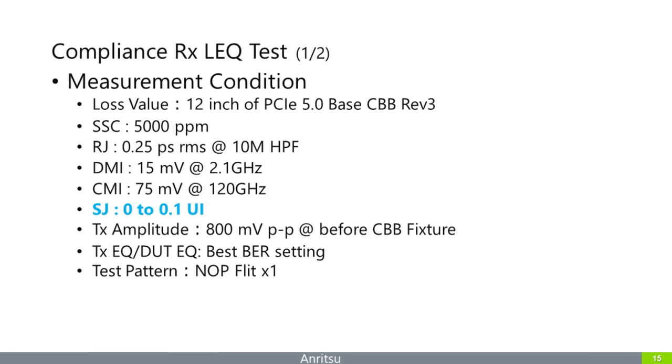And DMI, differential mode noise, vertical noise at 2.5 gigahertz, 15 millivolt, and CMI 75 millivolt, 120, not gigahertz, sorry, it's megahertz, it's a typo. And SJ is again a knob from 0 to 100 milliUI. Same launch amplitude 800 millivolts, optimized equalization, then NOP flit pattern.